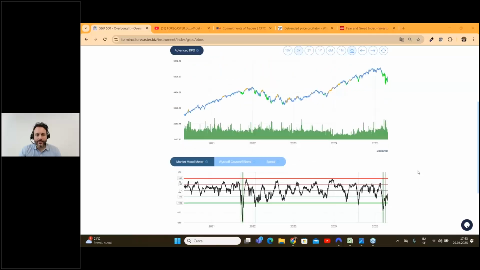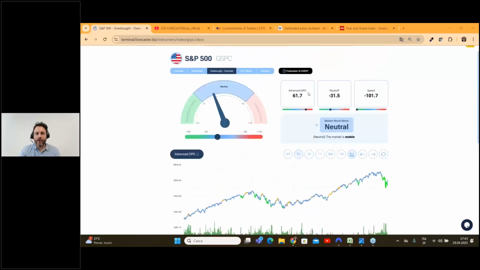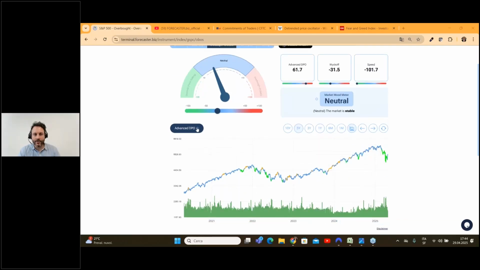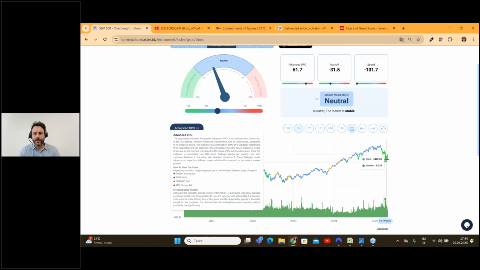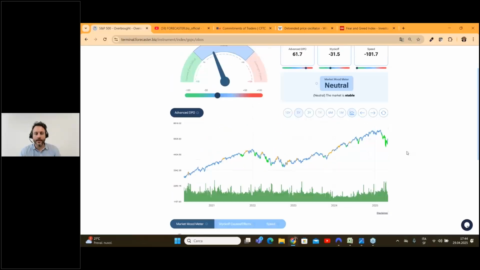this market mood meter is a combination of three different indicators. We have the advanced DPO, which is the indicator you can find here, which colors the chart with green, blue, orange, and red. It depends if the prices are overbought or oversold.